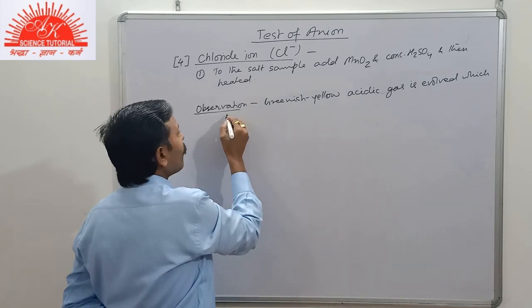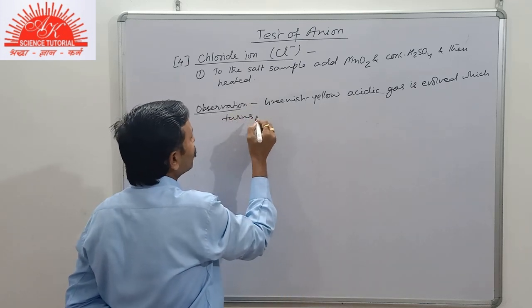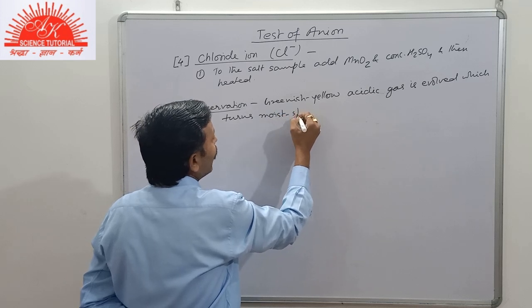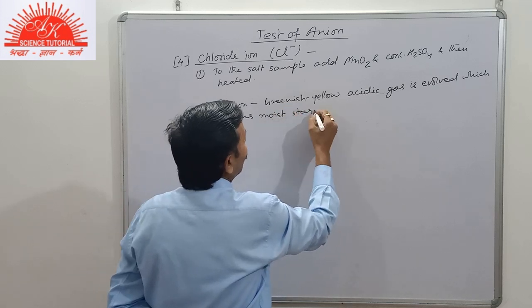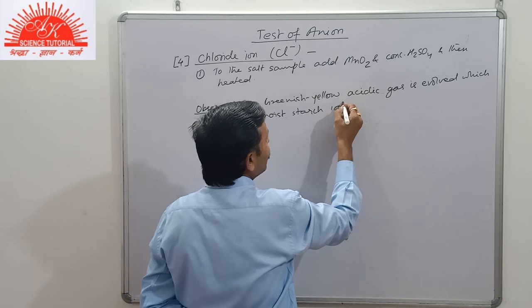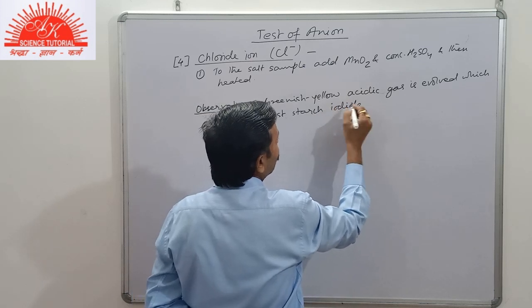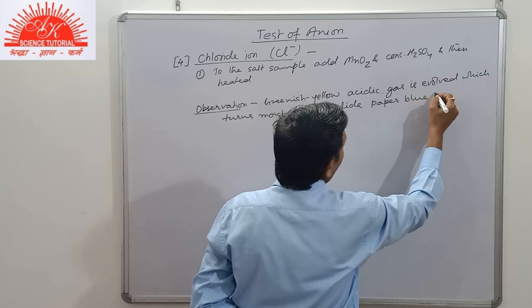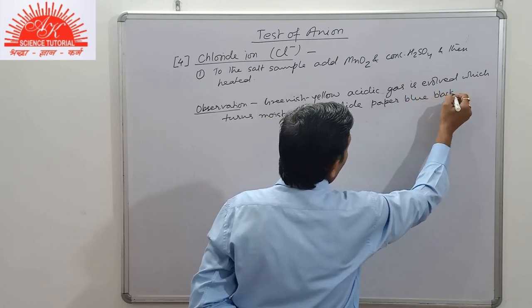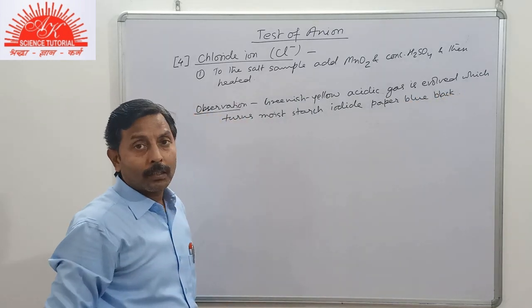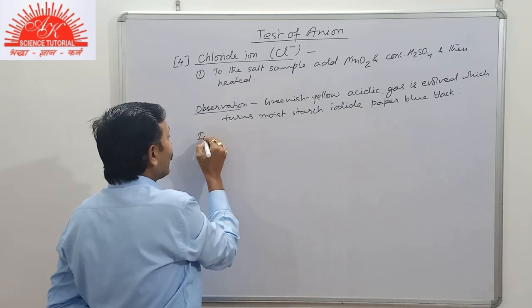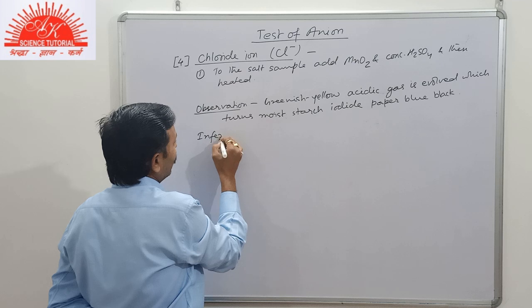which turns moist starch iodide paper blue black. Now in this part you see that the gas is chlorine.